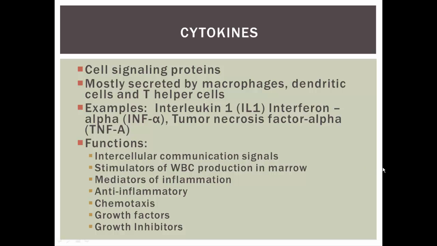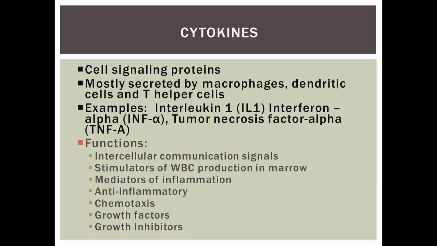Now, cytokines, as I mentioned before, are basically chemical signaling molecules. We'll see all kinds of chemical signaling molecules, or cytokines. Most of them are going to be secreted by the macrophages and the dendritic cells, and then when we do the adaptive immune response, we'll see that T helper cells also secrete them. Examples include interleukin-1, interferon alpha, tumor necrosis factor, lots of different types. I don't want you to worry about which kind does what; that's well beyond where we need to go with this.